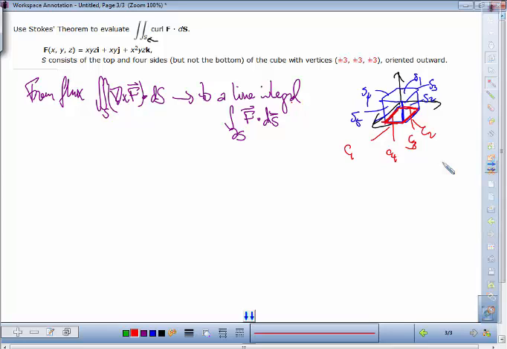So I'm going to have to parameterize 4 times. Now hopefully it's not too bad. Let's see how it's going to work out. Do you see our dilemma? Do you see where we're going with this?